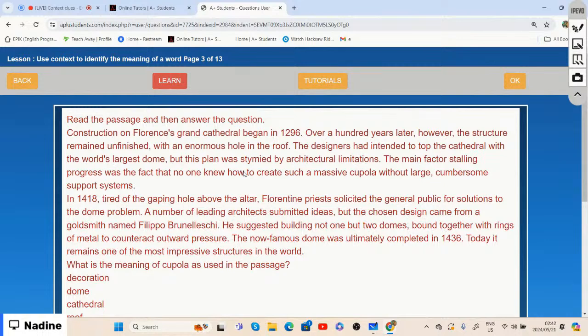Is it decorations, dome, cathedral, or roof?